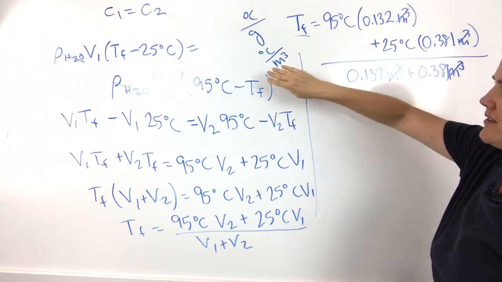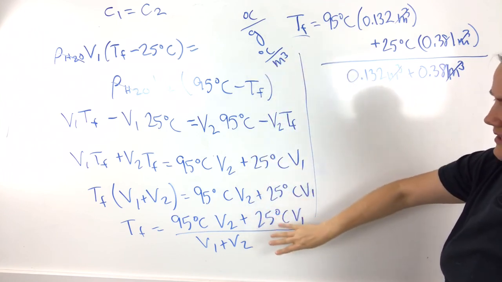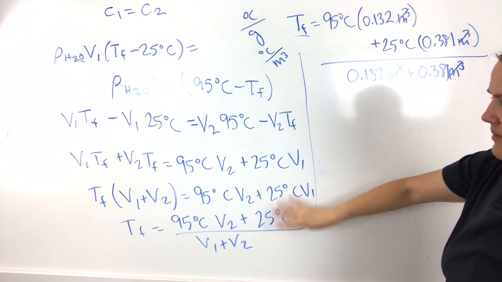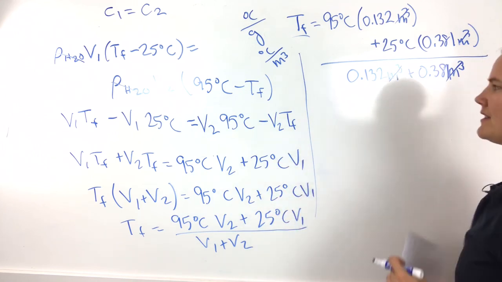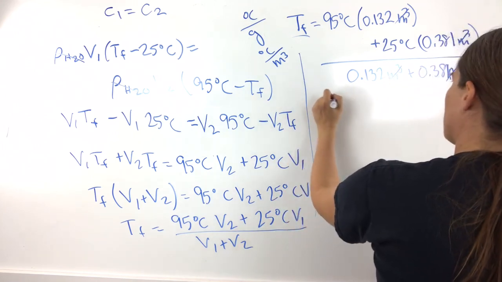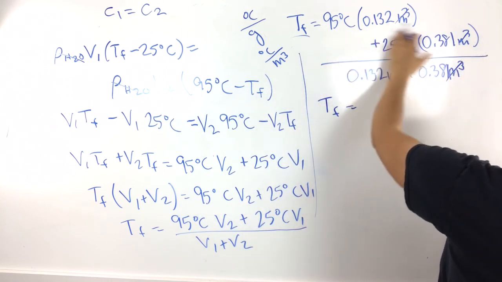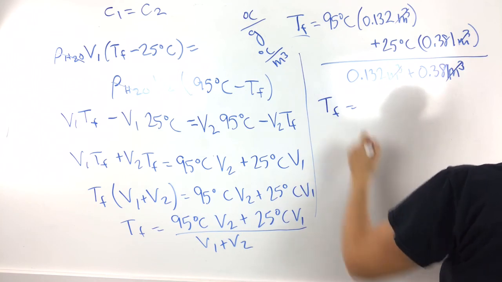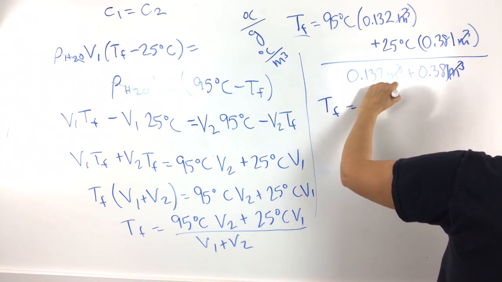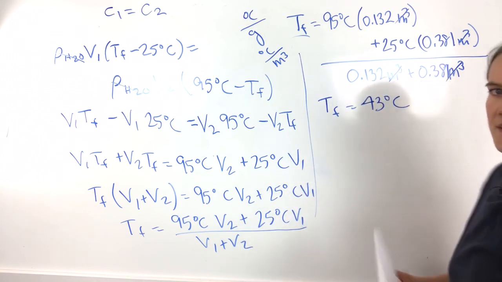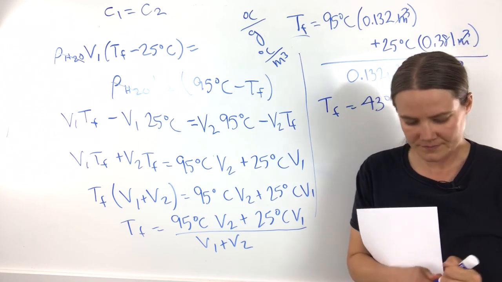So you know that you did something wrong in deriving this equation, and you need to go back and check everything. If you just plug this into your calculator, you get that the temperature final is equal to 43 degrees Celsius.